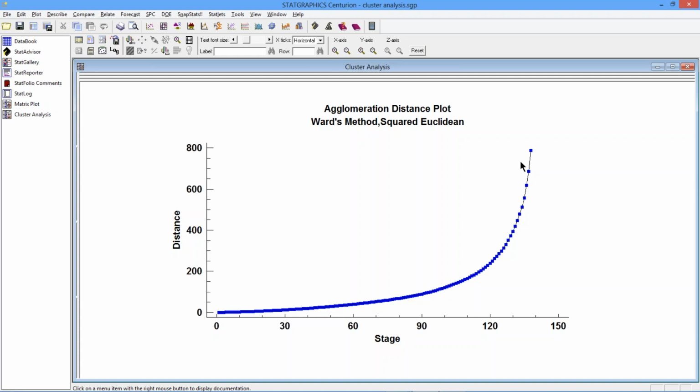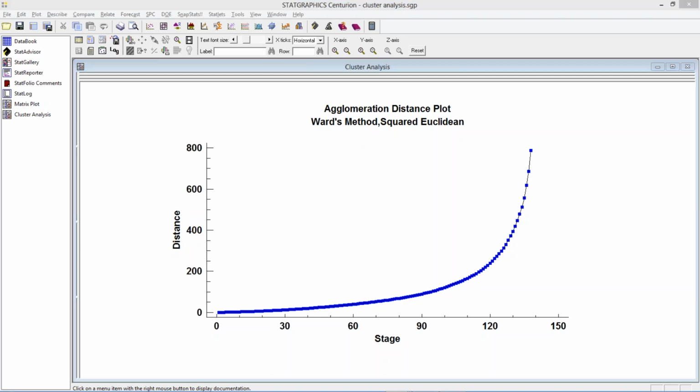A slowly, exponentially increasing distance without big jumps. If there was a big jump in the distance, for example, here to here, it might mean that we don't have enough clusters. But if we see an exponential sort of increase here, it means we've probably gone far enough in terms of dividing the observations up into groups.